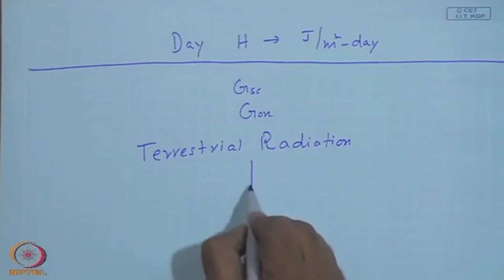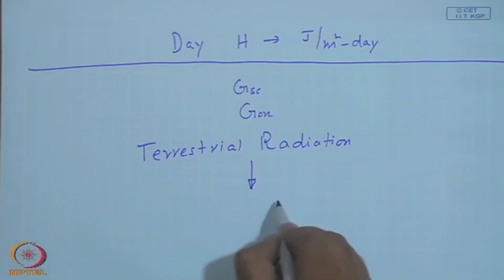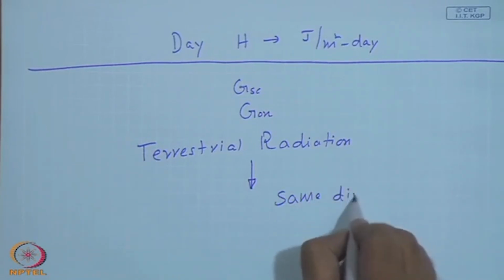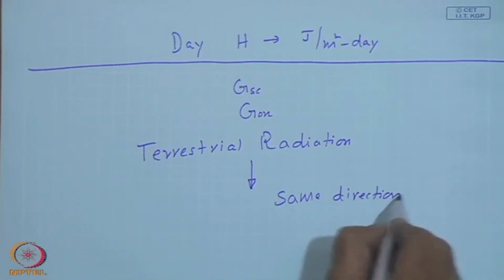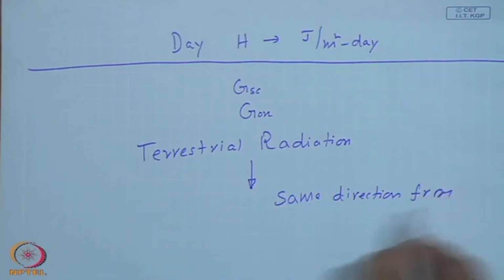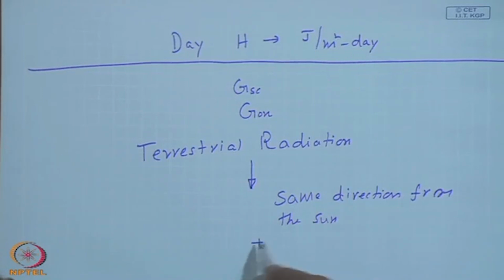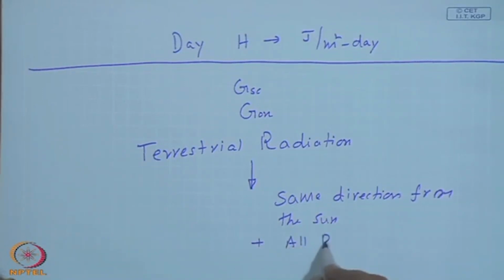So, terrestrial radiation will come in the same direction from the sun. If there is a radial line, it will come as a radial line, plus all possible directions.